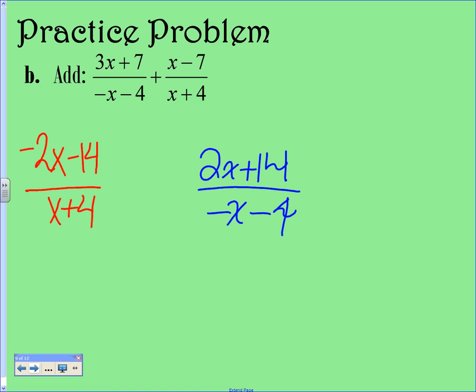Are they both right? So let's say that the answer key had given us this one on the left. How would I know if mine on the right was correct?